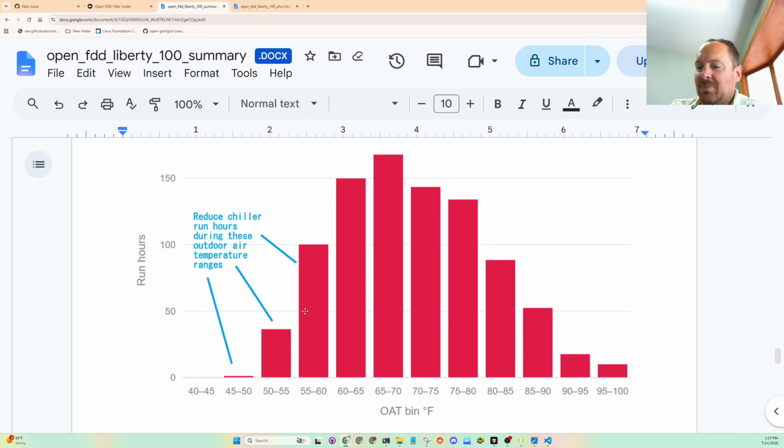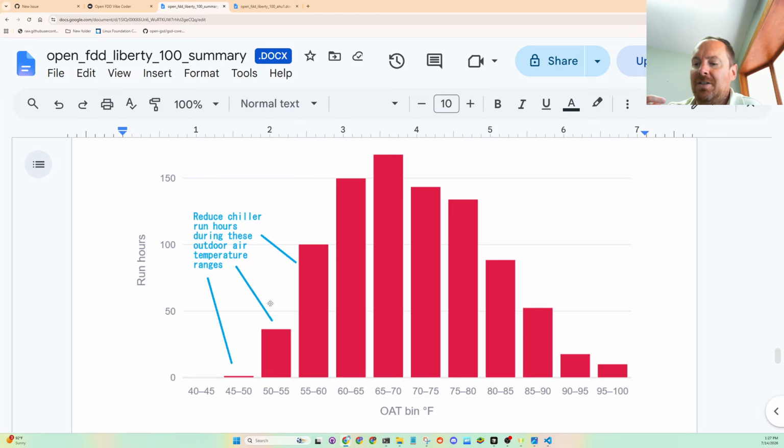Getting those economizer dampers working again. And then all these issues with the duct static pressure, and these worst performing VAV boxes. It would be really interesting just to know a little bit more about that.